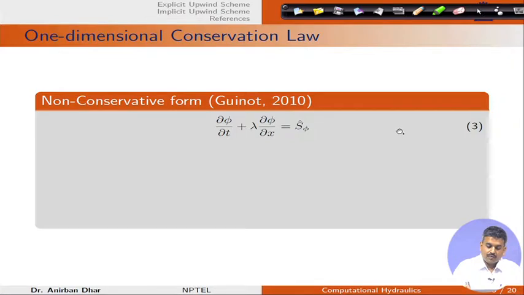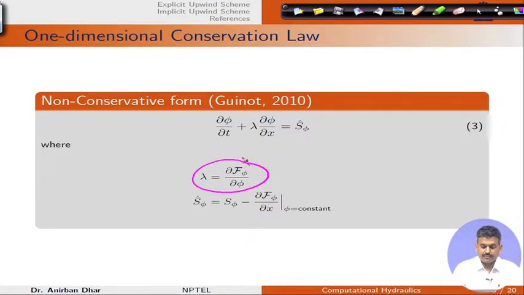So, what is this lambda? Lambda is equal to del f by del phi, and we have this modified sourcing term. This is S phi minus del phi, this is constant.